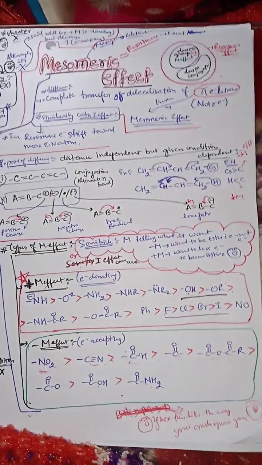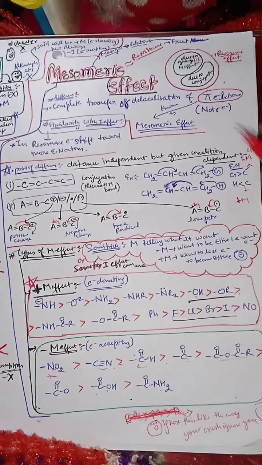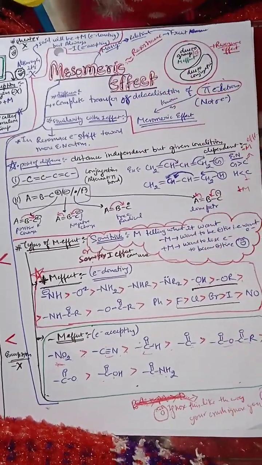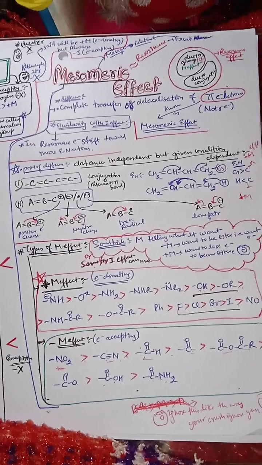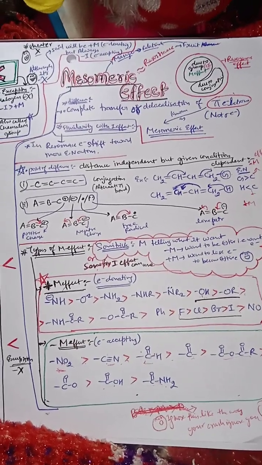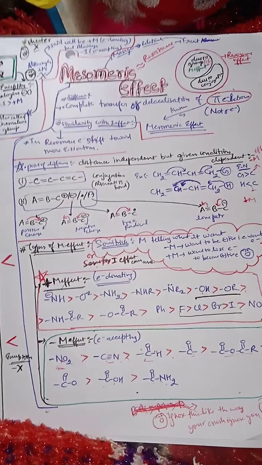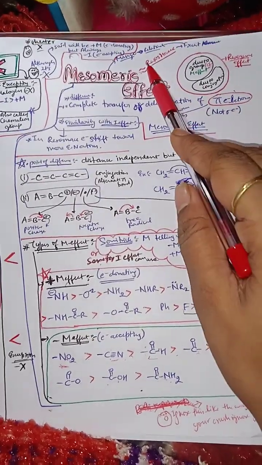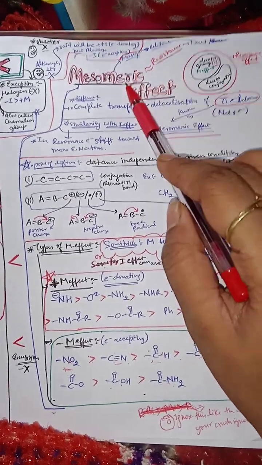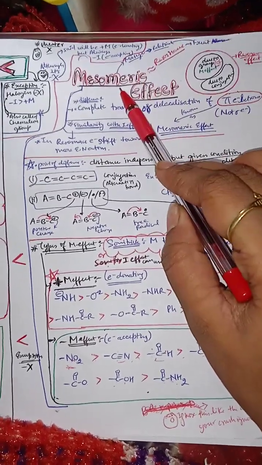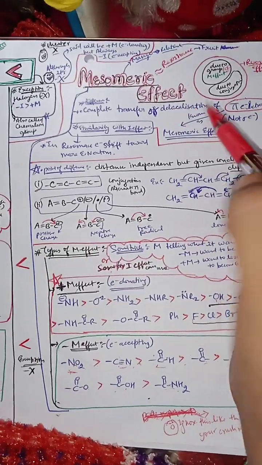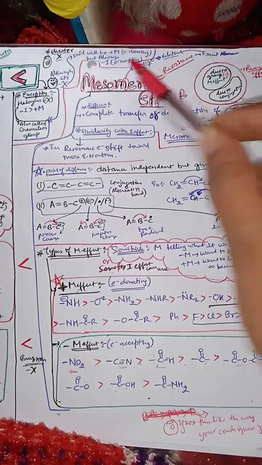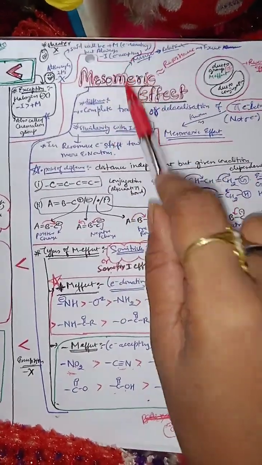One more thing I want to tell: mesomeric effect is sometimes also known as R effect, or we commonly call this resonance effect. But there is a little difference between them. The resonance effect contains the mesomeric effect; it is a type of resonance effect.